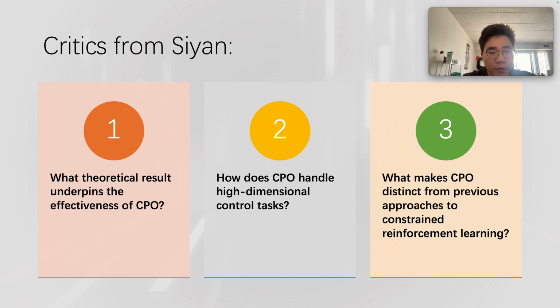So the second question posed by Siyan is, how does CPO handle high-dimensional control tasks? I think CPO handles these tasks by training neural network policies with thousands of parameters, ensuring both reward maximization and constraint satisfaction.